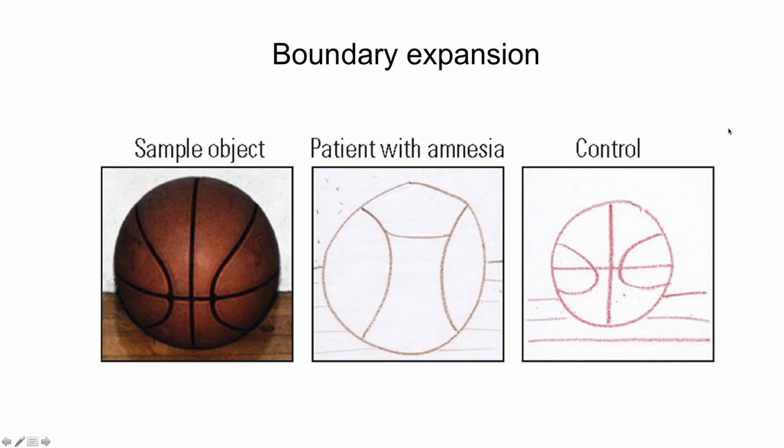Healthy people display boundary expansion and draw the object smaller. As you can see, you have the ball here, and healthy people would just draw it smaller and have more boundary right here. So there's boundary expansion.